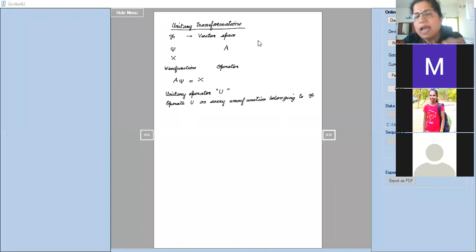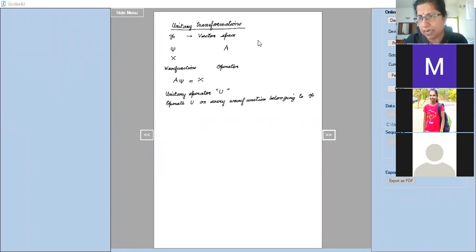And of course, you will create now a new vector space. What I'm trying to tell you is that when you do something like this, you do not change the physics of the situation at all.